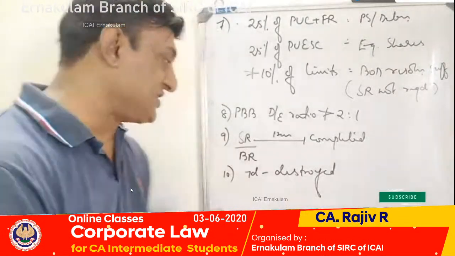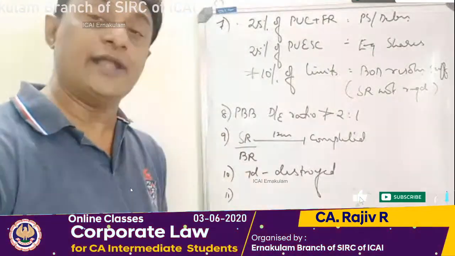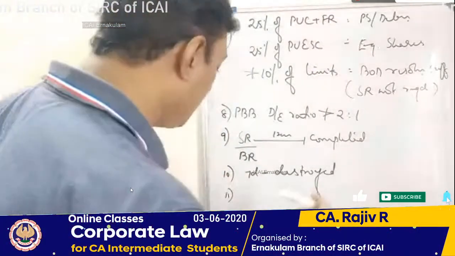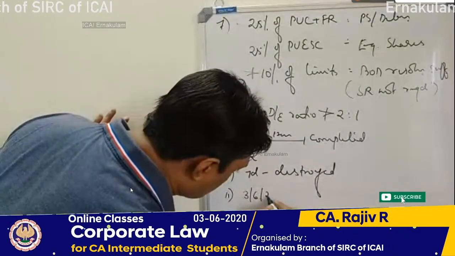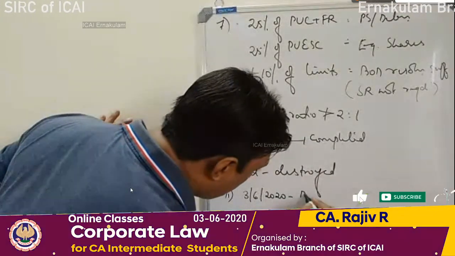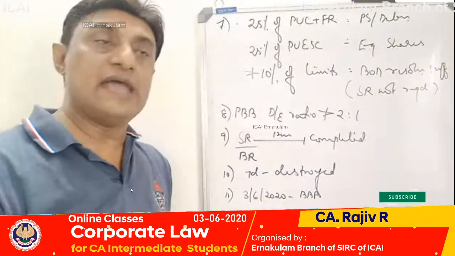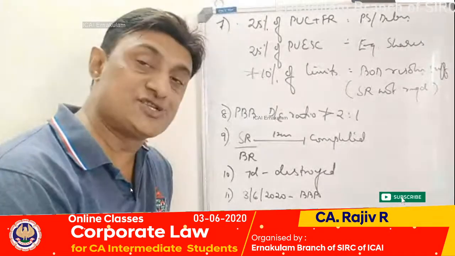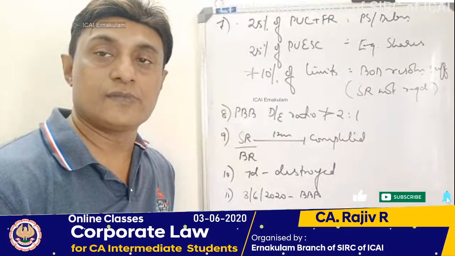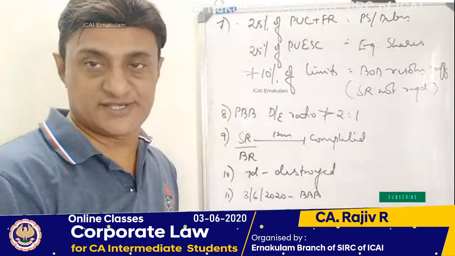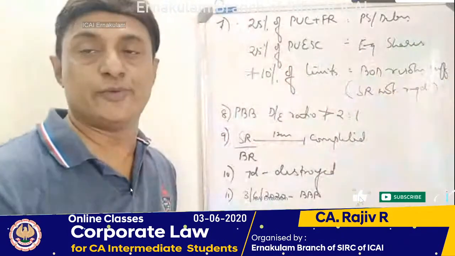Now comes the next issue. Suppose I have done a buyback today. Today happens to be the 3rd June, 3/6/2020. A buyback procedure has been completed. And let us say the buyback relates to equity shares. Then there are 2 questions to be answered. When can I make a fresh issue of equity share?